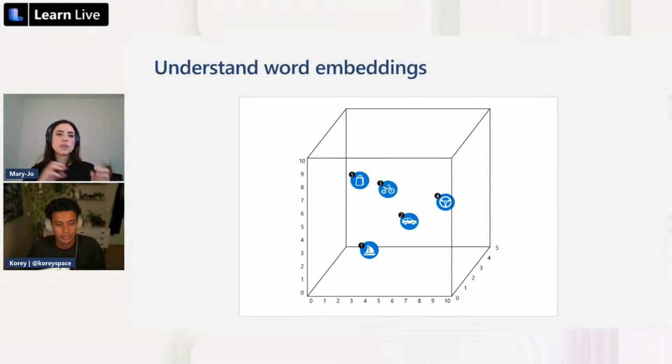Some words are closer to each other on different axes than other words. For example, boat may be close to car because they're both vehicles. But boat should not be as close to driving as a car, because car and driving are used more frequently together than boat and driving, even though you would use them similarly.